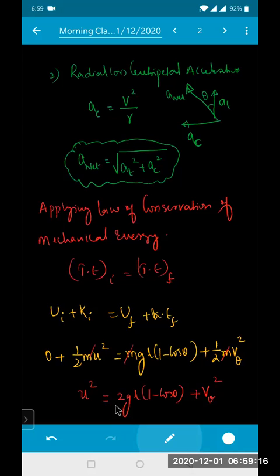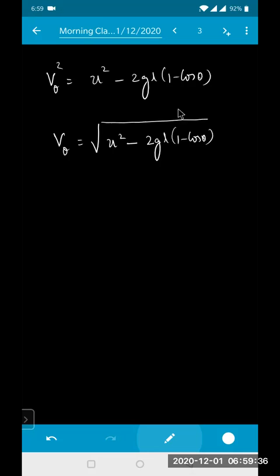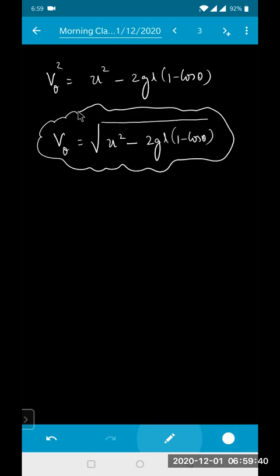This one is u squared only, and I'm taking this one outside. So v theta is equal to the square root of u squared minus 2gL into (1 minus cos theta). So this is the velocity at a certain angle theta.